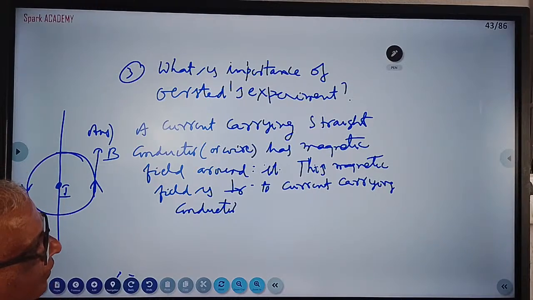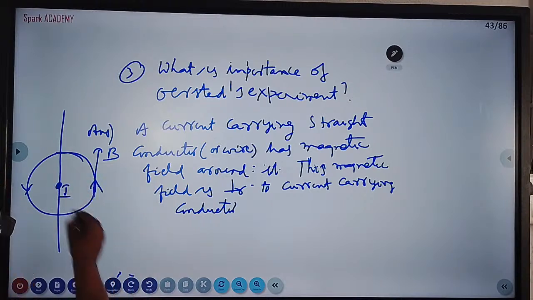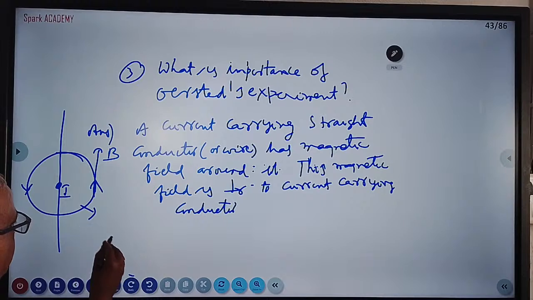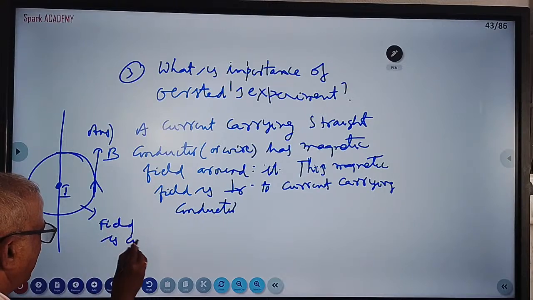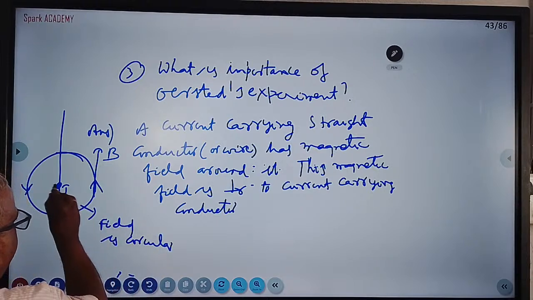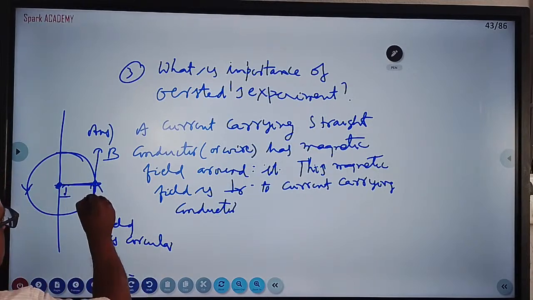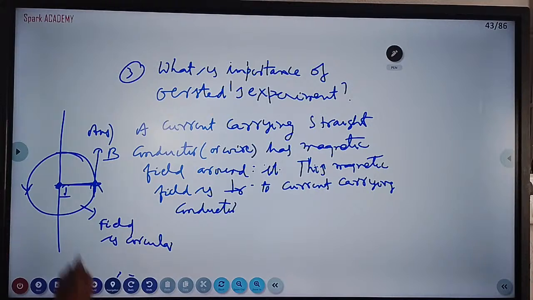The magnetic field around it is circular. We are finding the magnetic field at a point at distance along the x-axis. The magnetic field will be in the y direction, and the current is carried in the z direction. This is called Oersted's experiment.